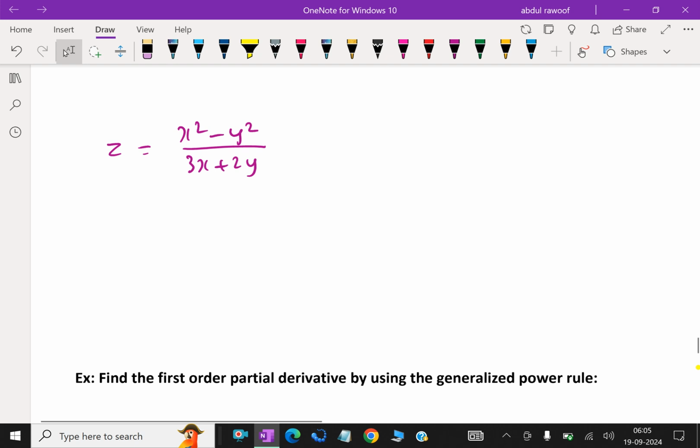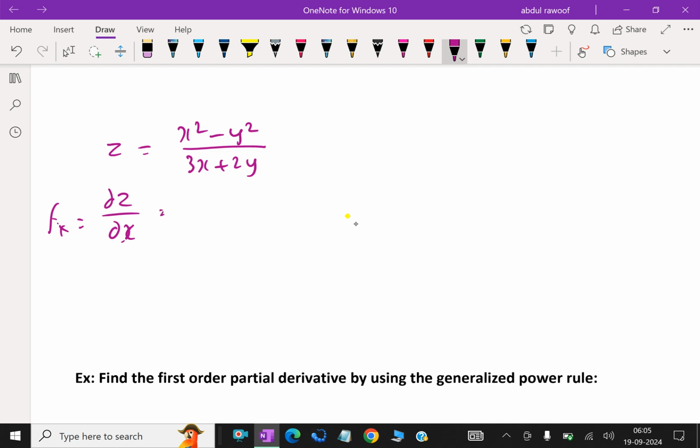Next question, look at here. x square minus y square over 3x plus 2y, that is dou z by dou x, which means fx.